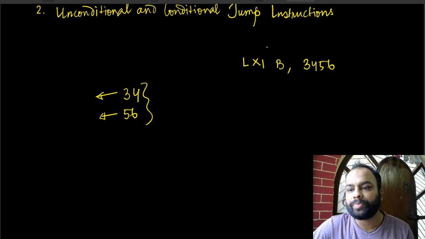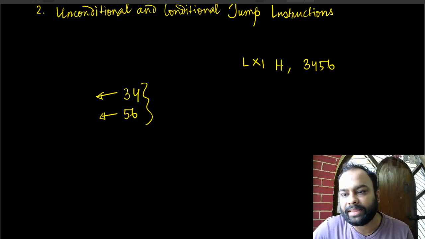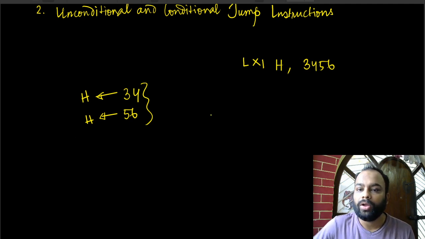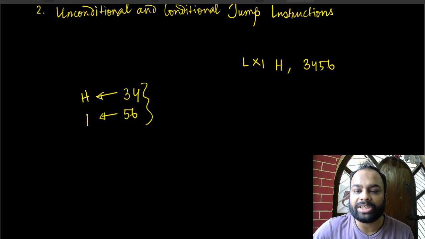But when we use HL, we now have three things we can do. First, we can treat the H and L registers individually and do whatever we want with their data.